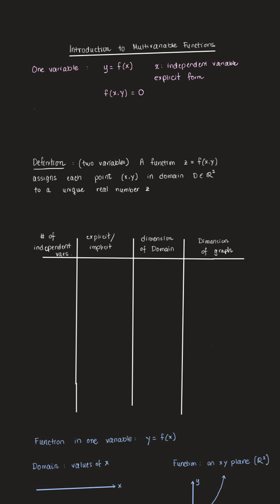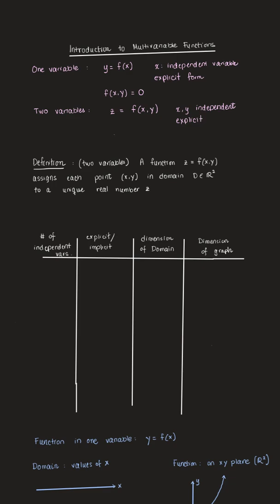In two variables, that means that now we have two independent variables. And so we have z now is defined as a function of x and y, where both x and y are independent variables. And this is again the explicit form.